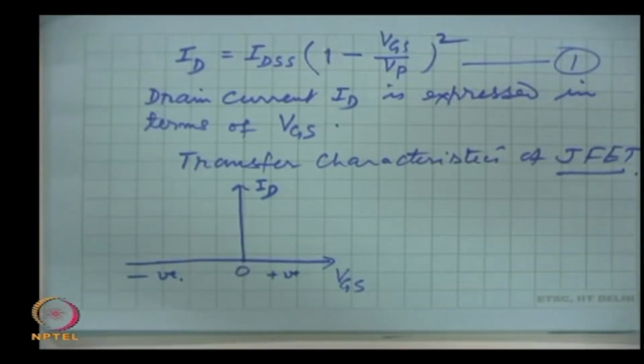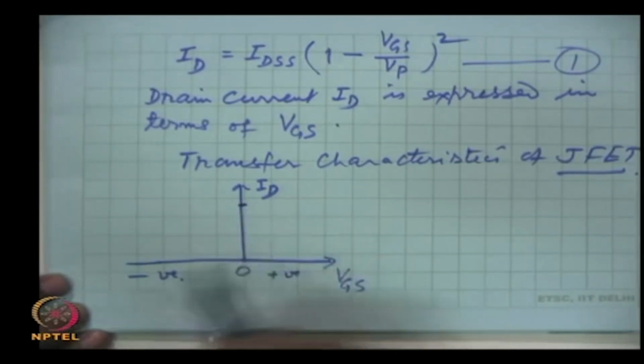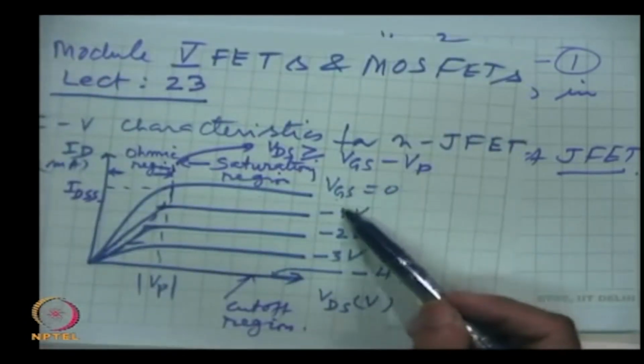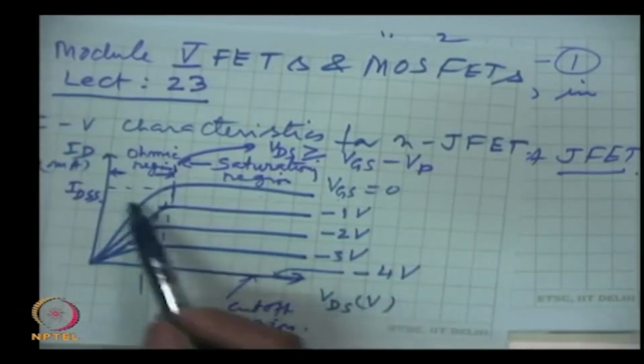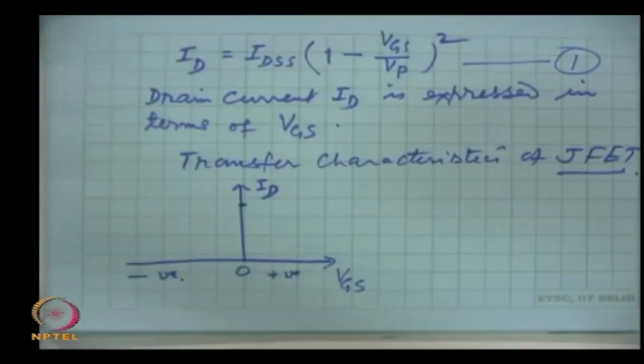Drain current when gate is shorted with the source, that means gate is at 0 potential, that is IDSS, and this is that current. As we change VGS more negative, drain current is falling and here it is off.